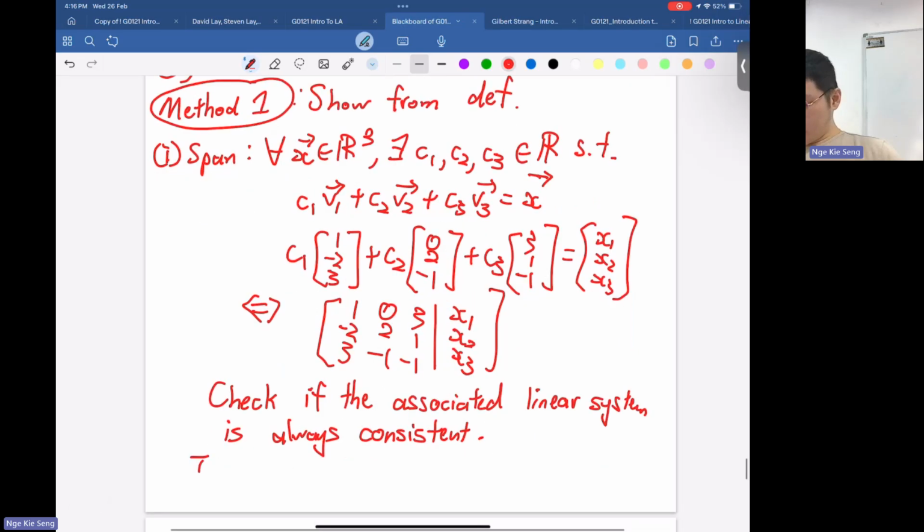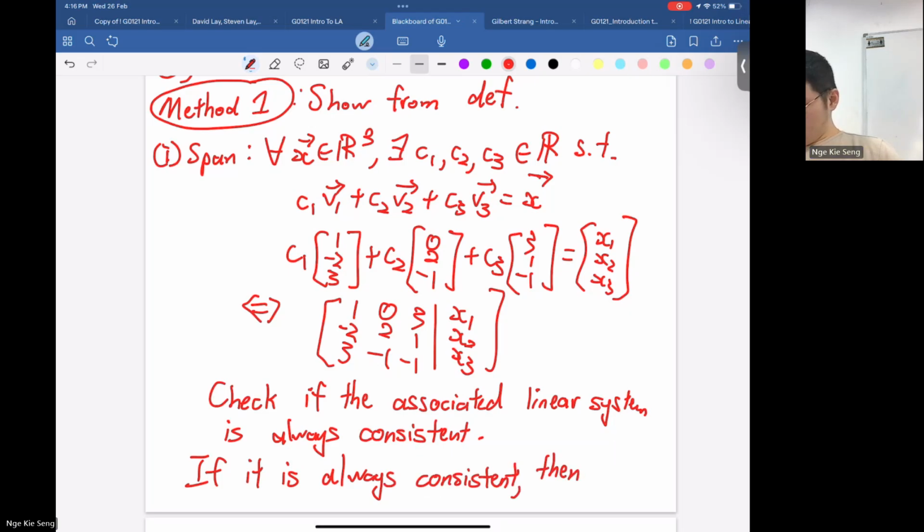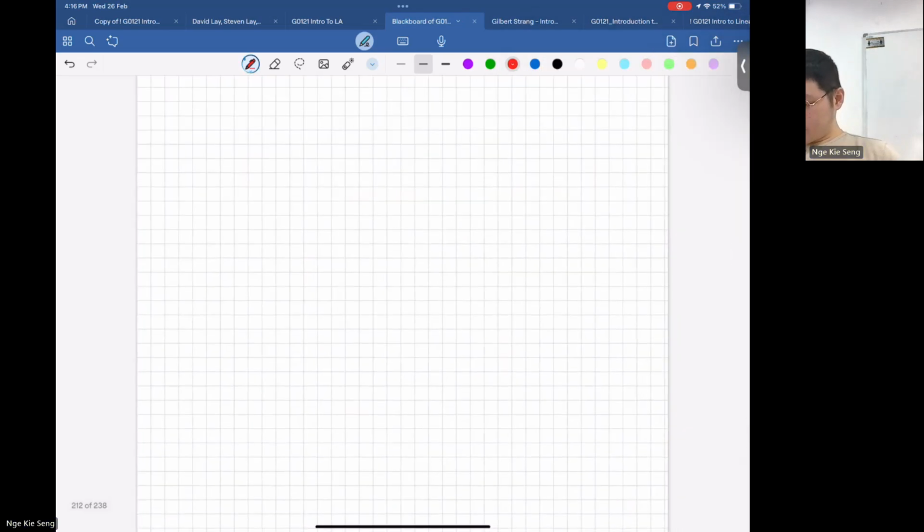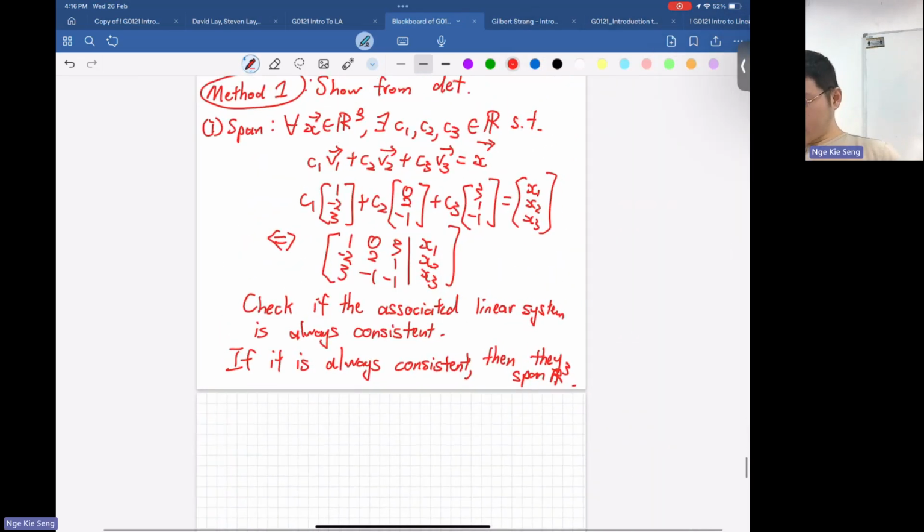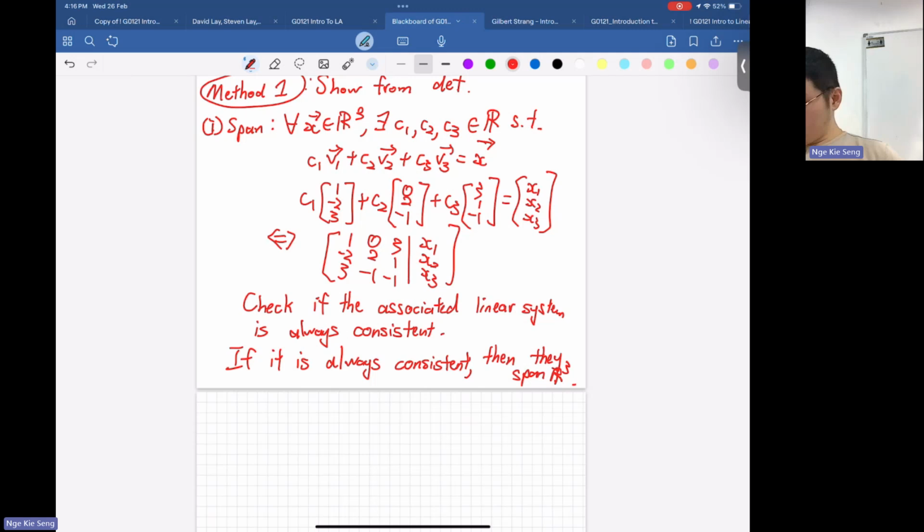If it is always consistent, then they span R3. This is a very original method, so what I want you to do is reduce it yourself.